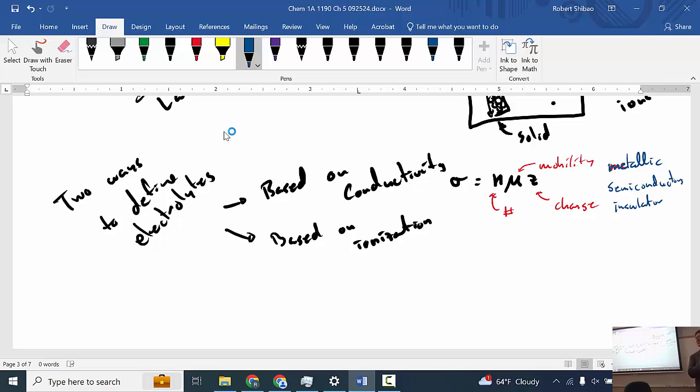But based on ionization, then it changes things. Because you could have a strong electrolyte with weak conductivity. So, what's in tap water? Salts. And salts are strong electrolytes, aren't they? Yeah. But let's take a look at tap water. Probably should flip this on.